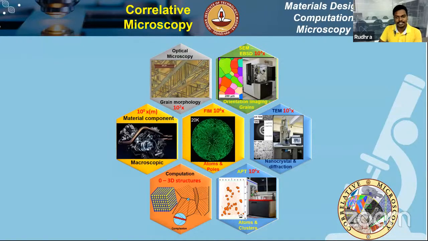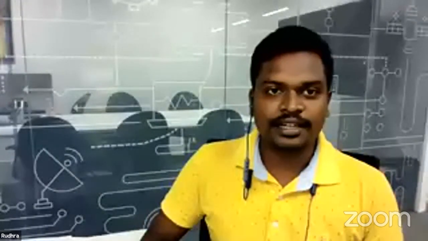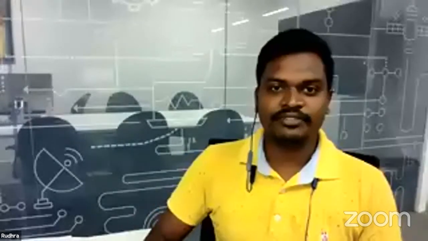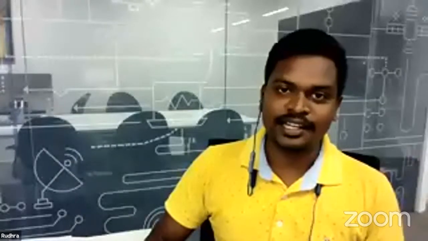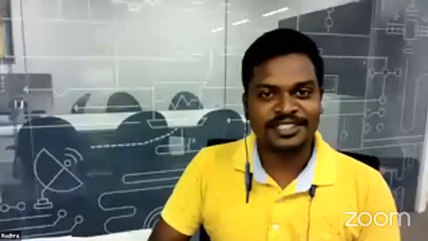His expertise lies in the fields of correlative microscopy and combinatorial alloy design. He is currently the coordinator of the National Facility for Atom Probe Tomography, as well as the head of Max Planck India Partner Group.